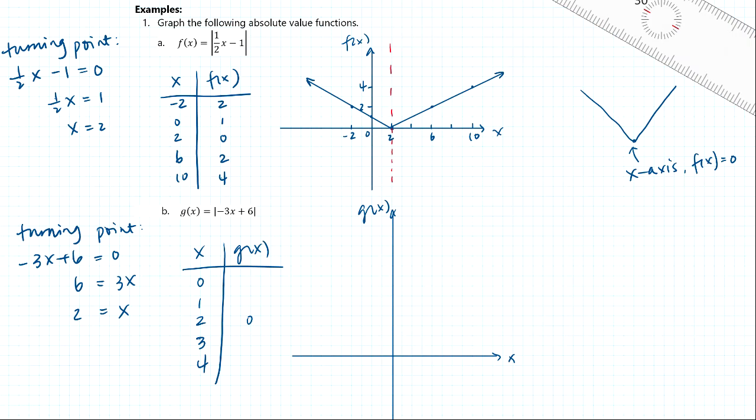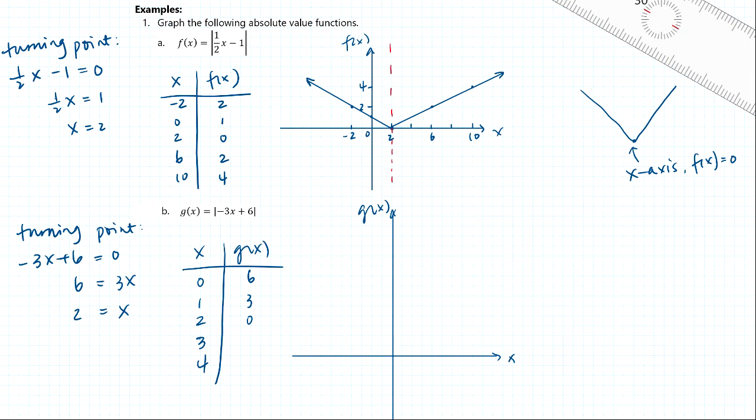So starting from 0, again, I like to incorporate x equals 0 in the graph to also find where the y-intercept is going to be. If I have 0 plugged in, I would have absolute value of 0 plus 6, which would be 6. And if we plug in 1, we would have -3 plus 6, which should be +3.